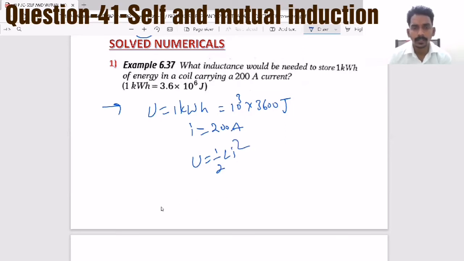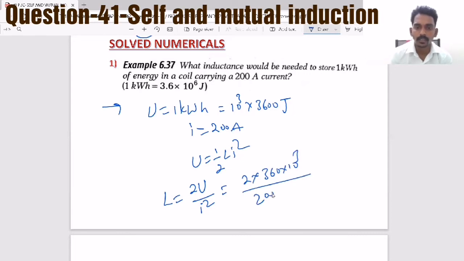They are asking inductance, so inductance equals 2U by I square. So 2 into 3600 into 10 power 3 by 200 into 200. The zeros cancel, the 2 cancels. So what will come? 18 Henry.